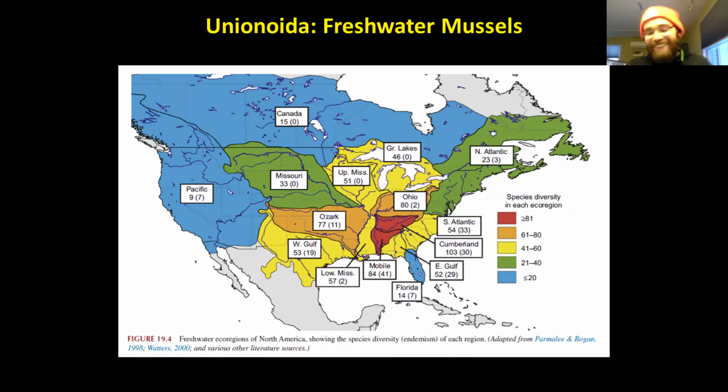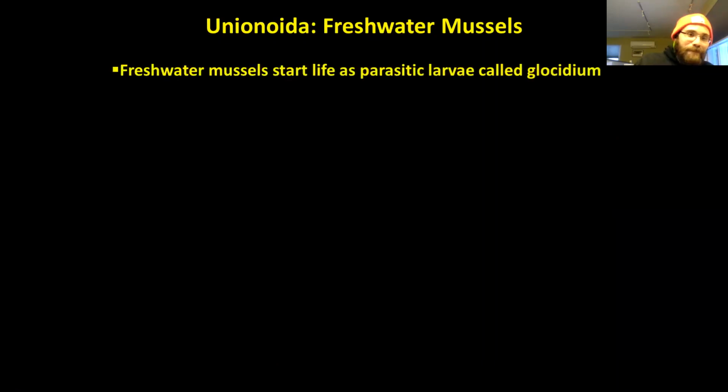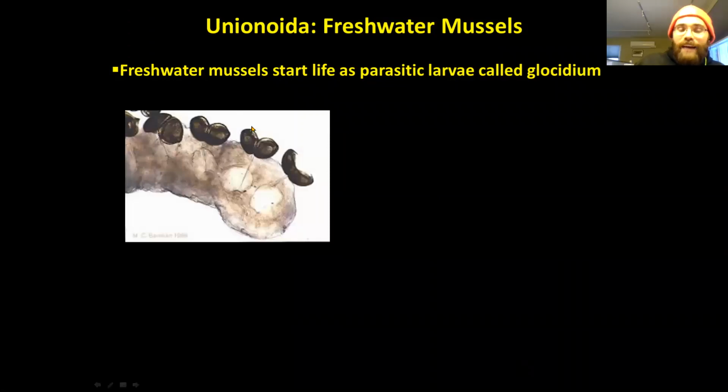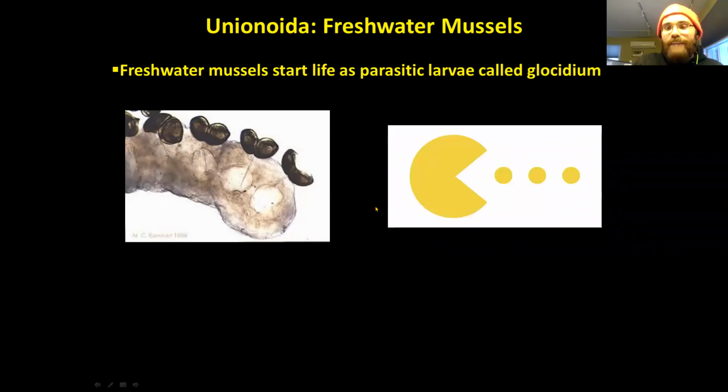Just wait. Here comes the really crazy part about freshwater mussels. Freshwater mussels start life as parasitic larvae called glochidia. When you look at these little guys, they kind of look like little butterflies, fluttering around like that. And this one in particular looks like Pac-Man.